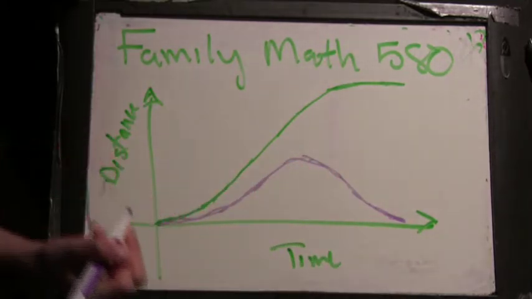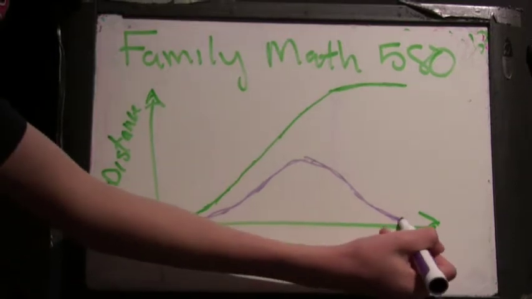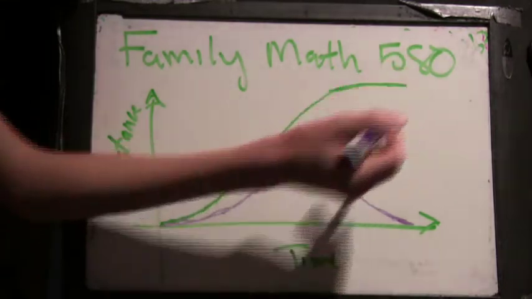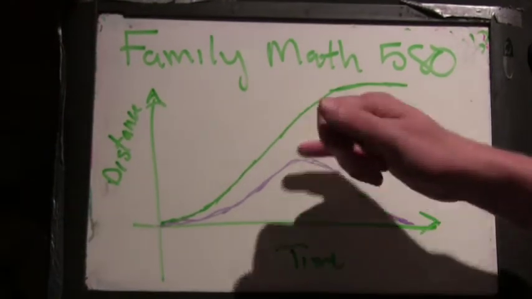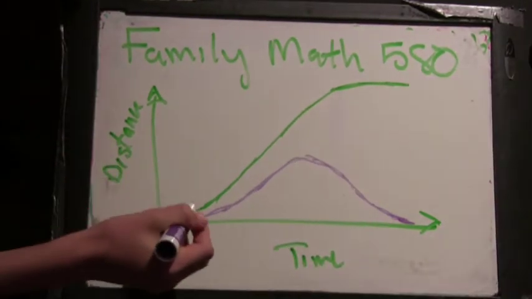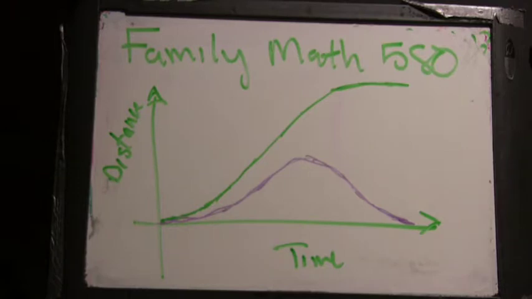What's the value at the beginning? How fast is the car going at the beginning? 0. And at the end? It's still 0, because the car has to stop. And what about in the middle? Why is this velocity curve up high in the middle? Because it's going faster and getting more distance. It's going faster in the middle.